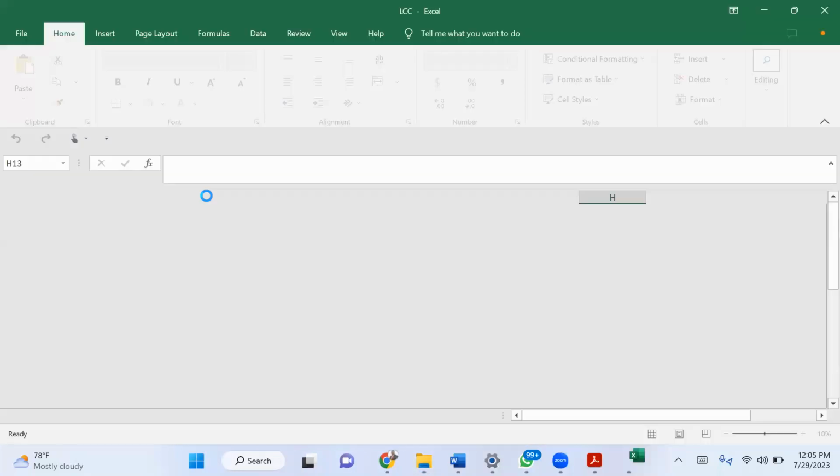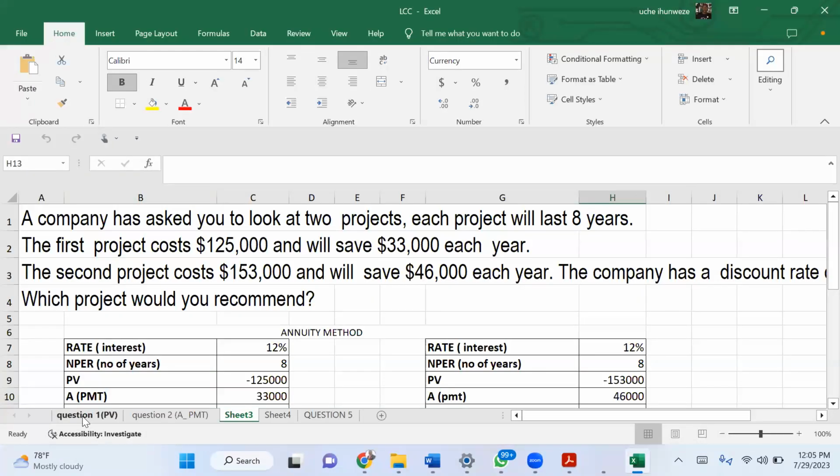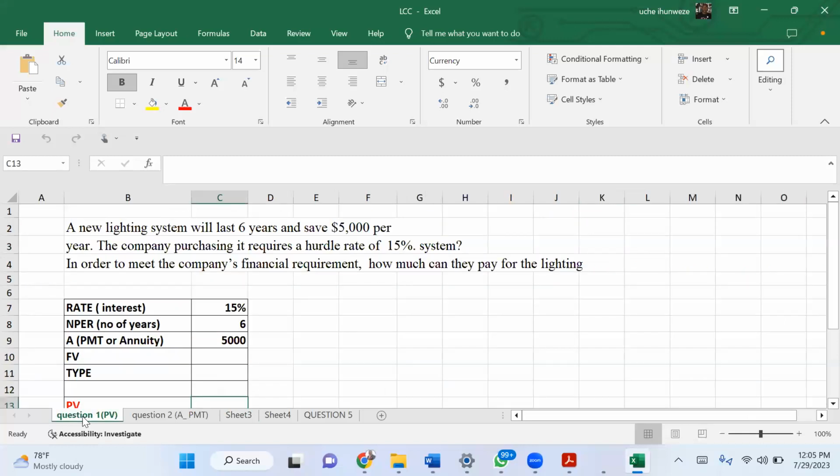Life cycle costing. So that question one that we did, go back to it. A new lighting system will last 6 years and save us 5,000 per year. The company purchasing it requires a hurdle rate of 15%. In other words, how much are you paying? So you come to Excel. Here, the interest rate is 15%. Number of years is 6.